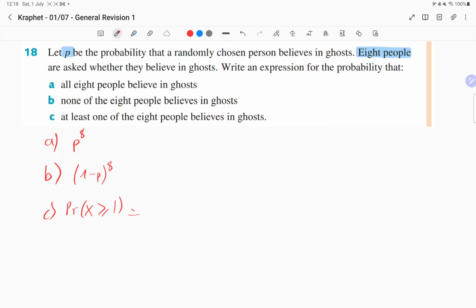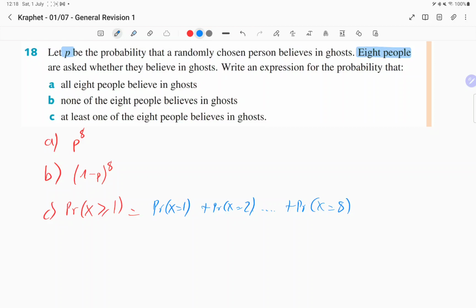The probability of 8 minus 1 person? No, at least 1 person. So technically this is the same as P(x = 1) plus P(x = 2), and so on and so forth, plus P(x = 8). Now the question is, is there an easier way to write this?